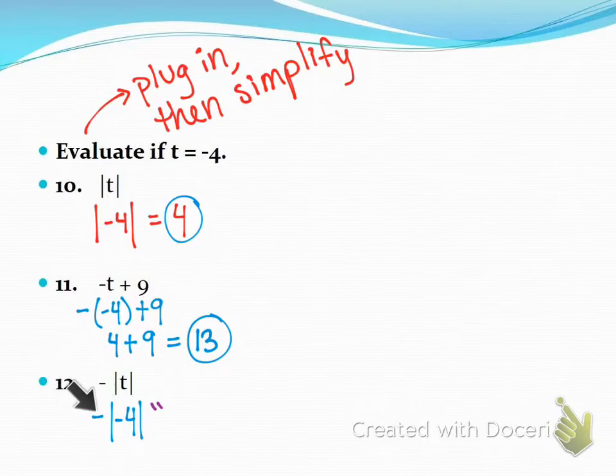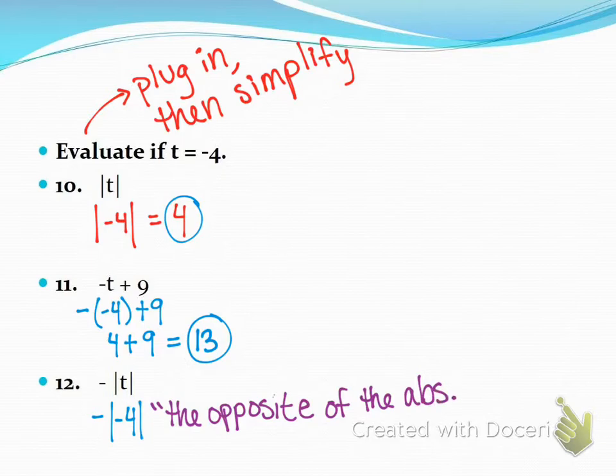The negative sign out in front means I'm taking the opposite. So this is the opposite of, what do those bars mean? Absolute value. So we're taking the opposite of the absolute value of -4.